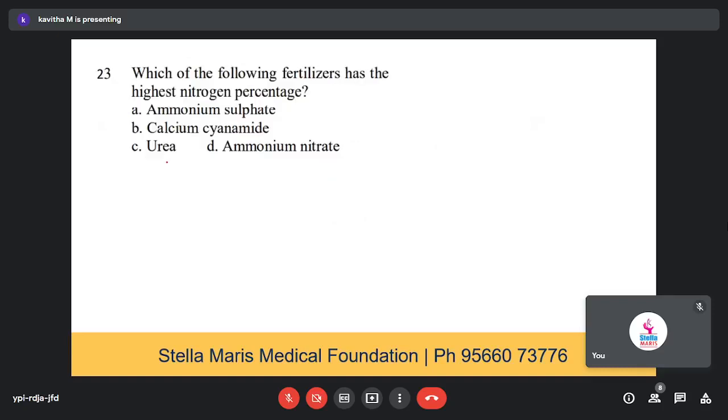Which of the following fertilizers has the highest nitrogen percentage?